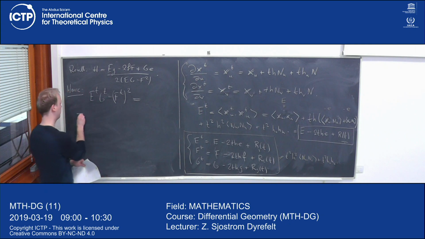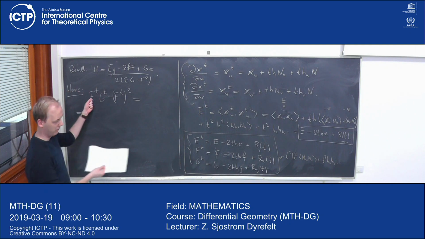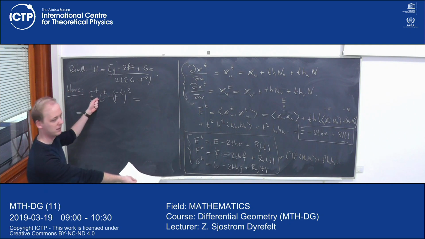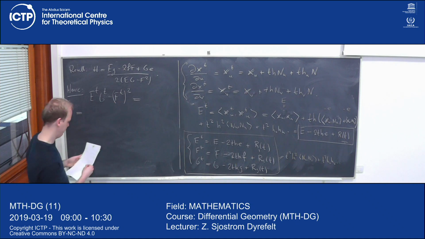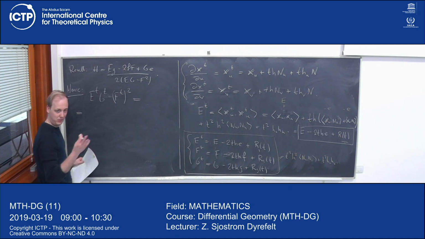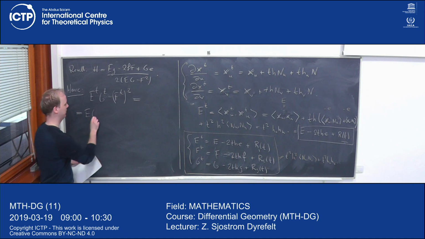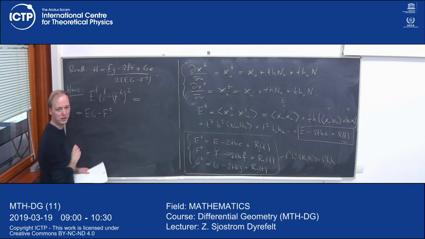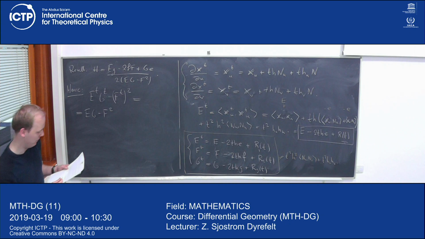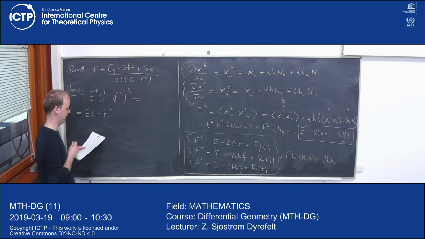And what is it? Of course, we have to multiply the things that we have here with each other and take the square of the f. So what do you get? First term, EG minus f squared. So first you get the term that you like to have. That was the initial area.